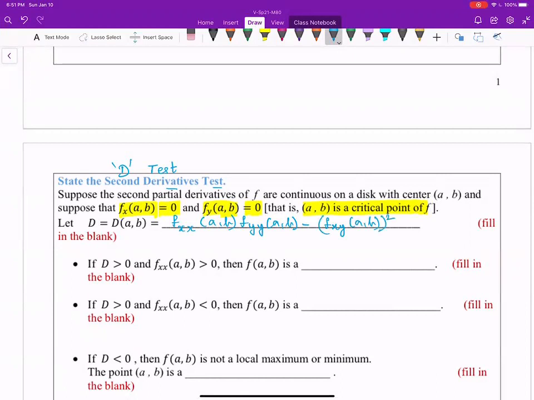If this expression on the right-hand side is represented as D, let's take various cases for D. If D is positive, along with the second partial derivative with respect to x being positive also, then f(a, b) is a local minimum.